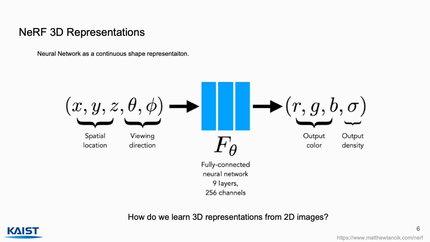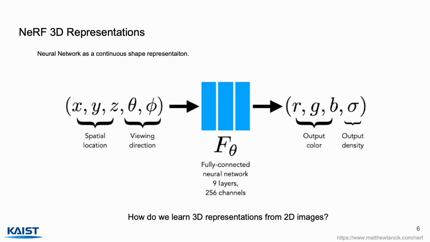The output is a 4D representation: 3 for the RGB color, or radiance field, you could say, and 1 for the density value that indicates how dense the coordinate space is, from 0 to infinity. Zero density means the space is empty, and infinity means the point is fully opaque.